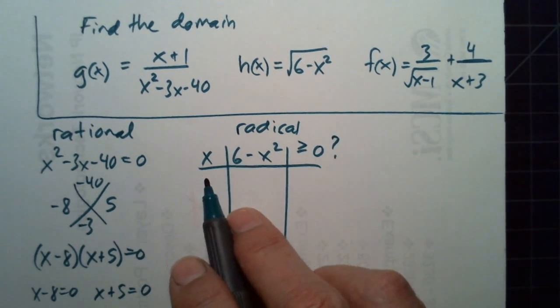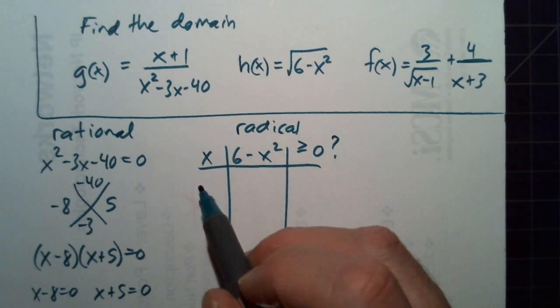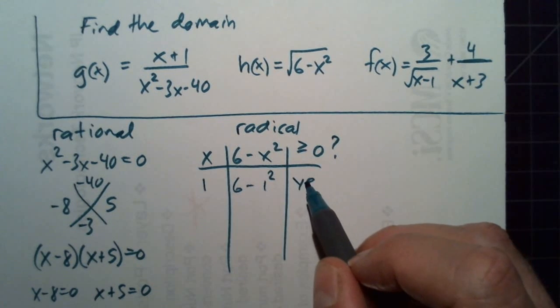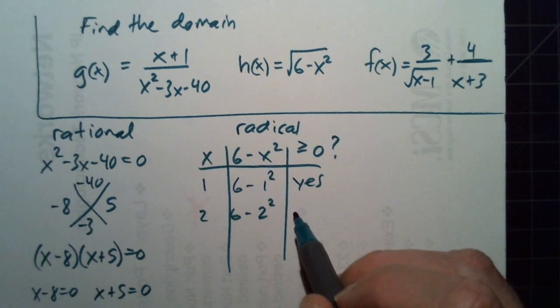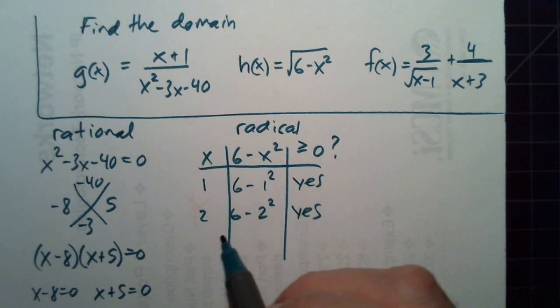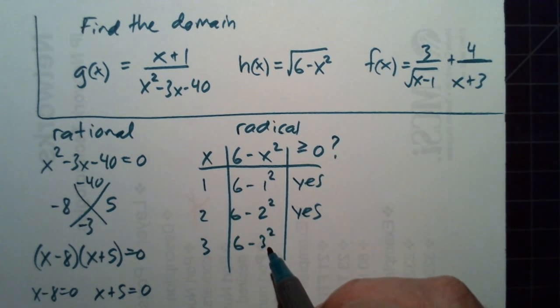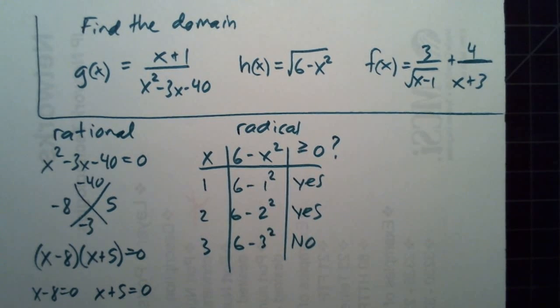So we want to choose x values and see if this is greater than or equal to 0. So if I choose 1, 6 minus 1 squared, that is greater than or equal to 0. 2, 6 minus 2 squared, 6 minus 4 is greater than 0. 3, 6 minus 3 squared, 6 minus 9 is negative, so that's not in the domain. 3 is not in the domain.